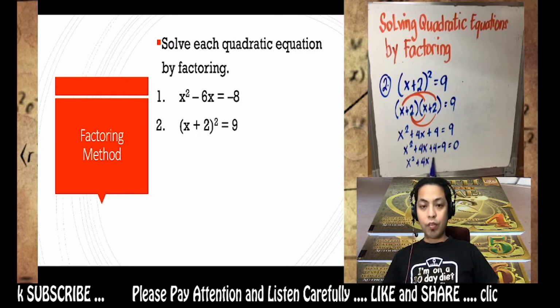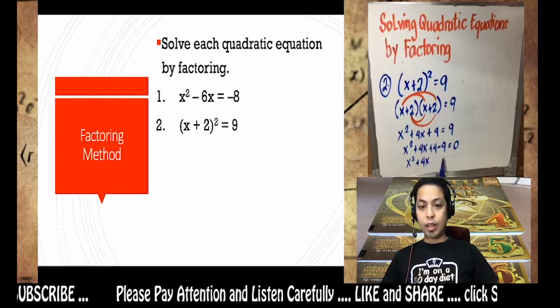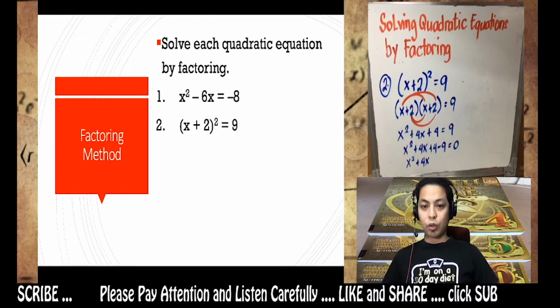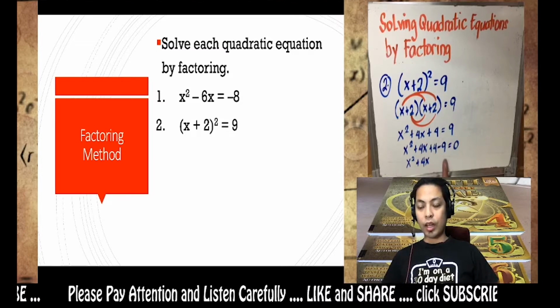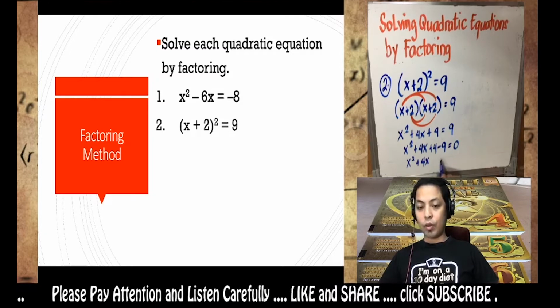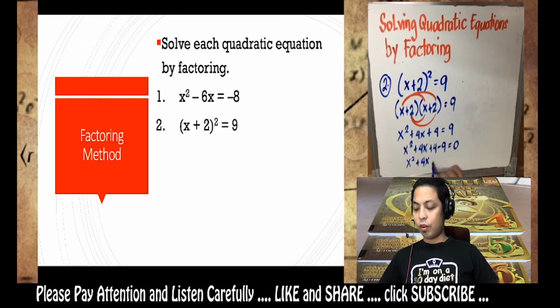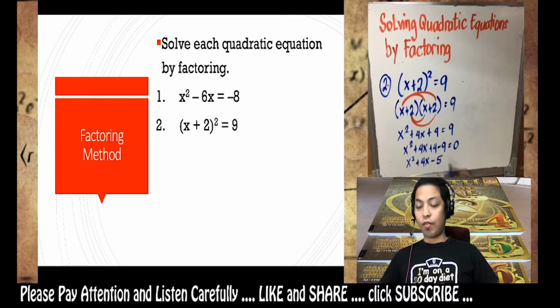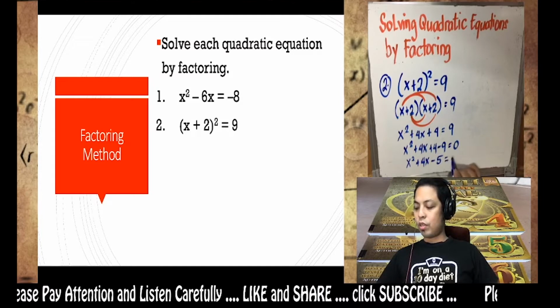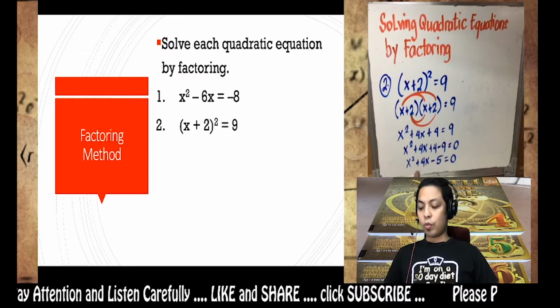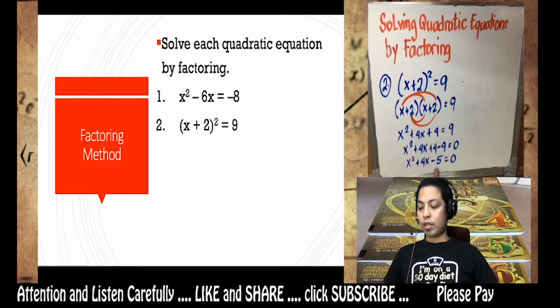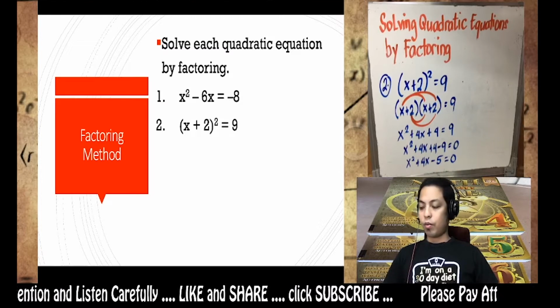Meron ka daw pera na 4, pero may utang kang 9. Ano mas malaki? Utang mo ba o pera mo ba? Perang 4, utang na 9, syempre, mas malaki yung utang mo. Pag nagbayad ka ng 4, may utang ka pa rin na 5, is equal to 0. So, ayan na ay naka-arrange na sa ax squared plus bx plus c equals 0.